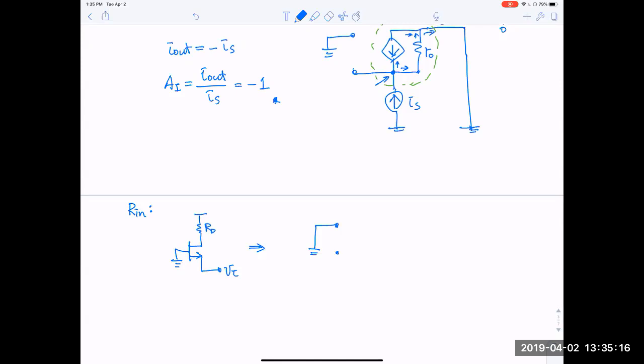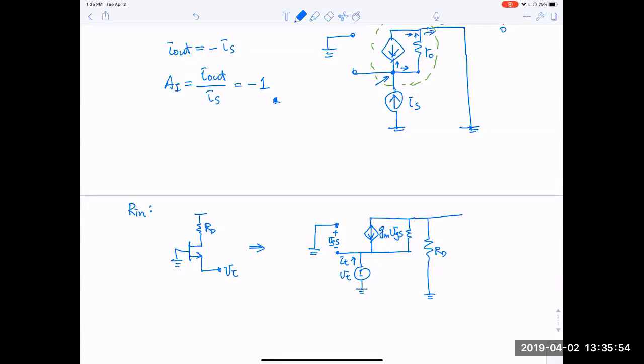The source is now connected to a test source, VT, with a current IT. And here is the transconductance current, GM VGS, and here is R0. We also have RD and RL. RD goes all the way to the ground.